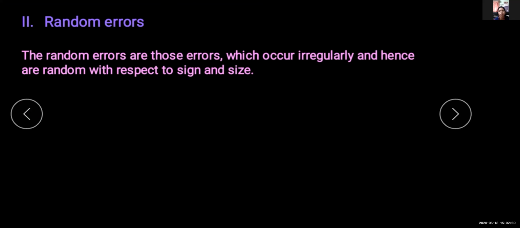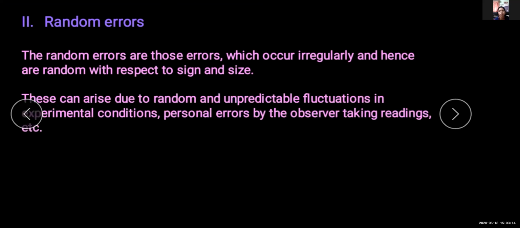Example: in finding the null point in the meter bridge or potentiometer experiment, if we take the reading of the null point 3 or 4 times, we notice that there is some small variation in the reading. This is an example of random error. It may arise due to change in condition of the experiment, such as heating effect of the current or fall in EMF of the cell.